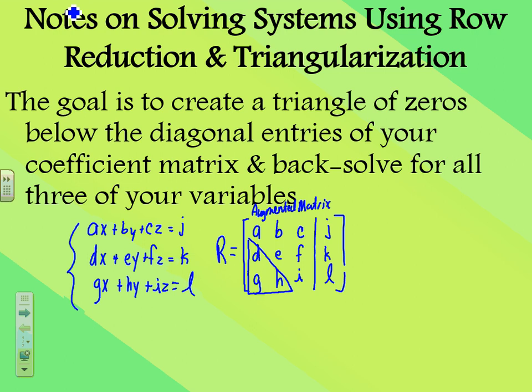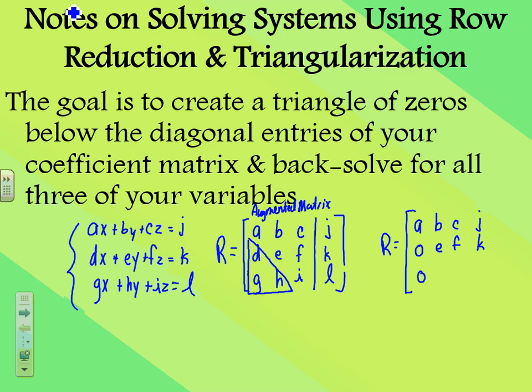So that would be the augmented matrix that we would produce from the system, and our end result, what we're striving for, is an augmented matrix that looks like this, where A, B, C, and J in the first row are the same, but D has been replaced with a 0, E is still some number, F is still some number, and K is still just some number.